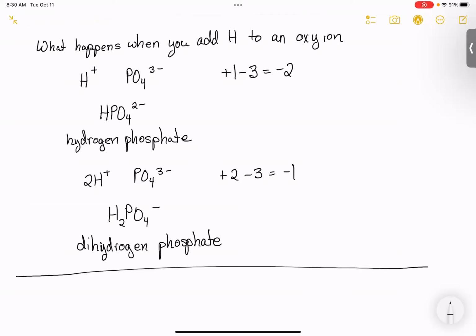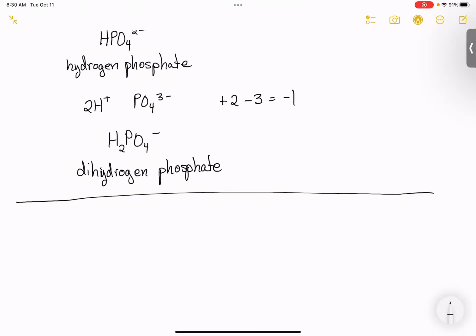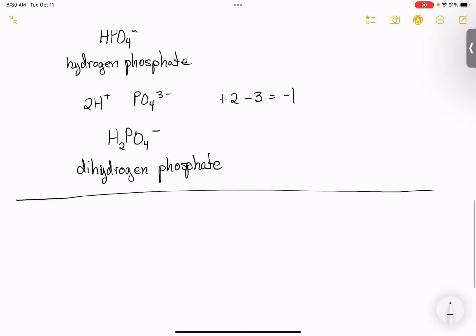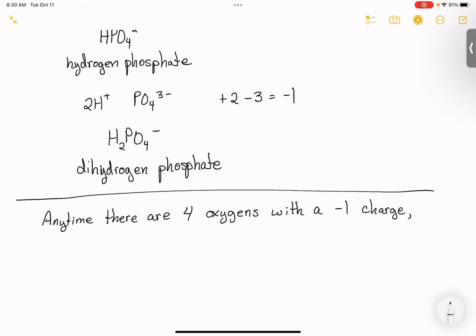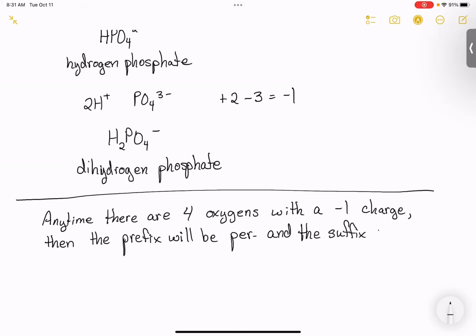Now, there is one more trend. It's something we've actually already seen, but it is anytime there are 4 oxygens with a -1 charge, then the prefix will be per, and the suffix will be ate.